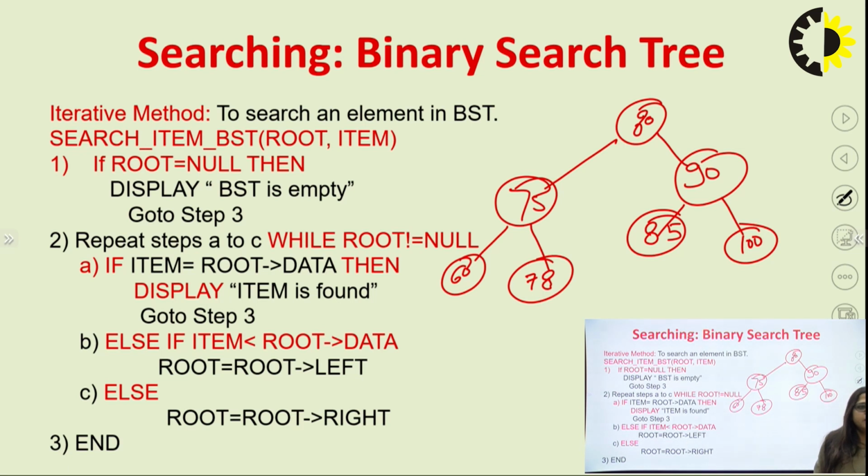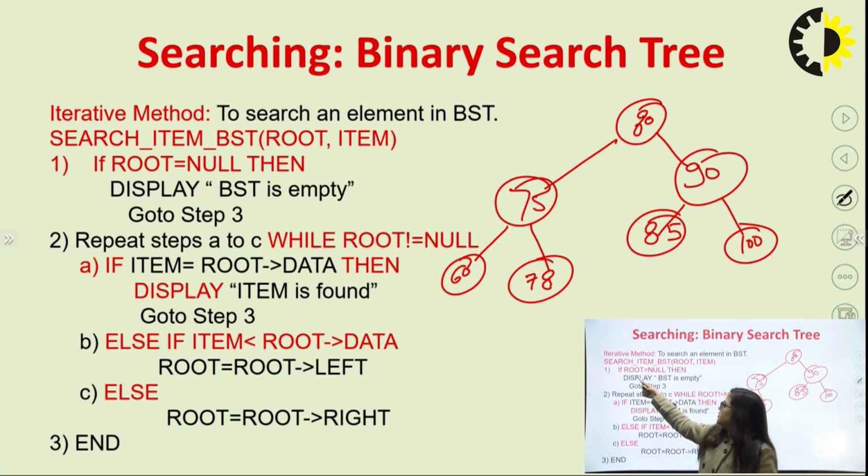This is a BST. Now you want to search for a number in this BST. Let's suppose we want to search for 80 in this tree. First of all, we check the root item. The root item is 80. Let's suppose there is no element in the BST, then what condition will occur?